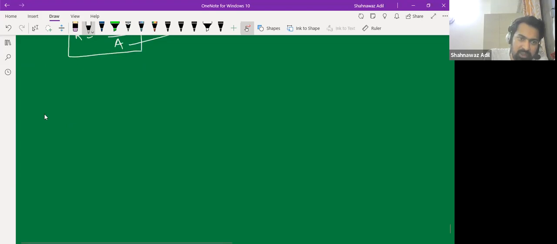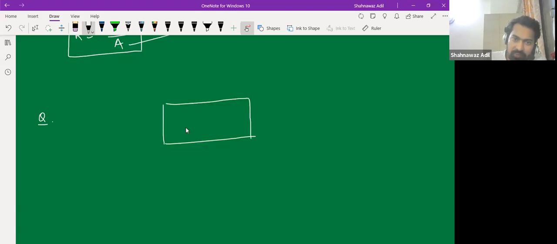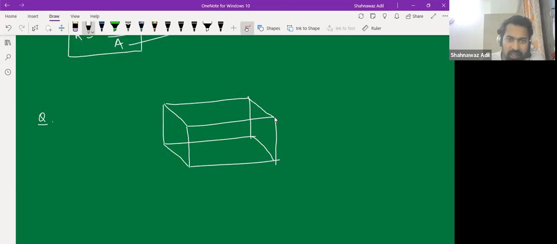The first one, maybe you guys have done in your CBSE portion, right? So let us do this again. We have a cuboidal wire, and how many surfaces do we have in a cuboid? Yes, guys, how many surfaces do we have? Six, right?